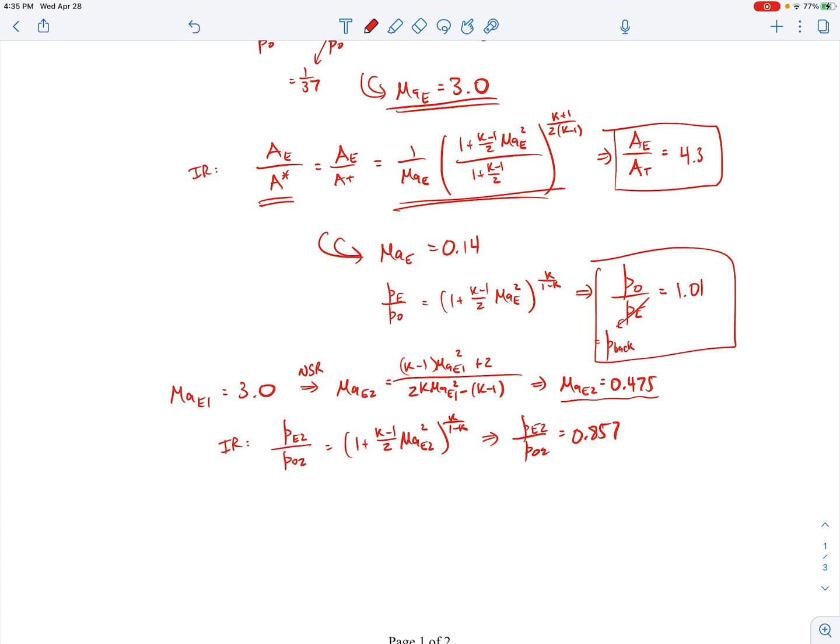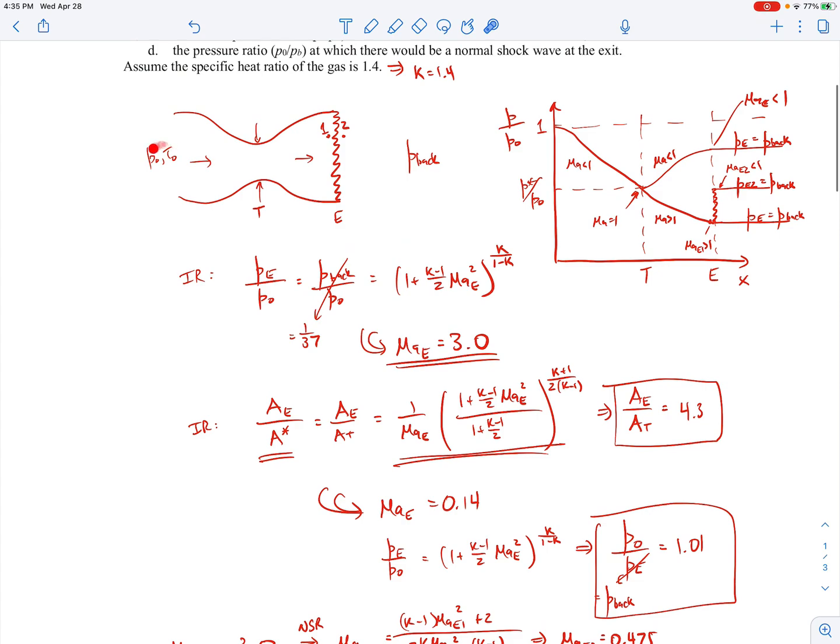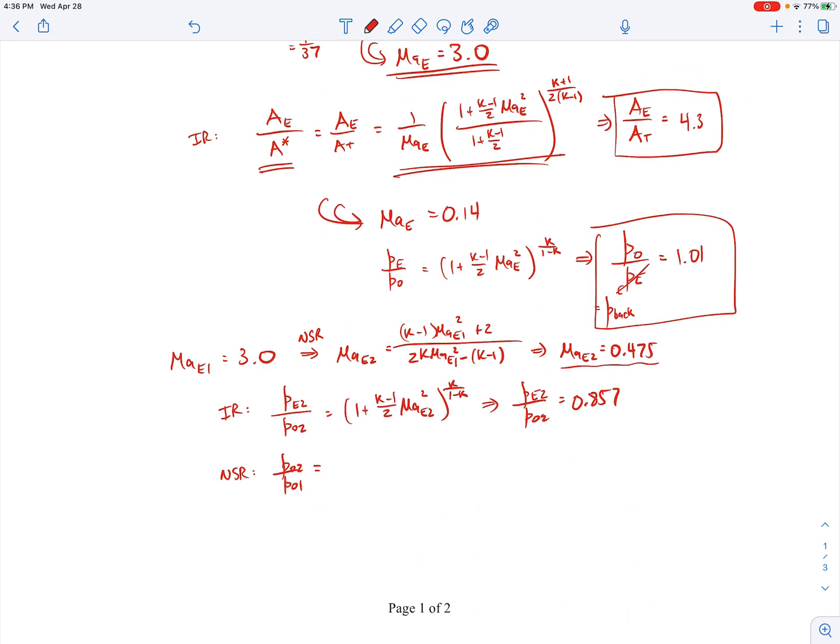Let me do now. The problem is I don't know the P02, right? So in order to find that, I'm going to use the normal shock relations to find the ratio between P02 and P01. P01 is the stagnation pressure upstream of the shock. So that's the stagnation pressure up here. Because we have the shock wave, there's the stagnation temperature upstream here. It's the same P01 as what we have here, and then it'll be P02 here. So that we can find from our normal shock relations. This one's kind of a longer one to write out, so I'll write it out just for completeness' sake.